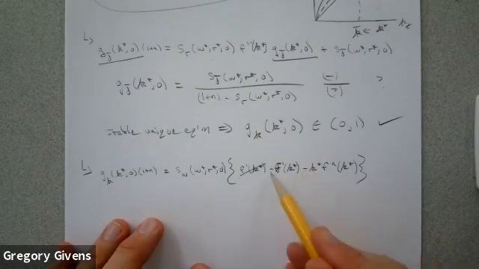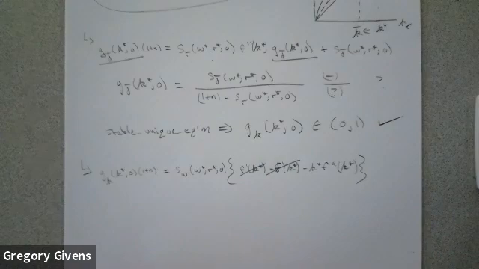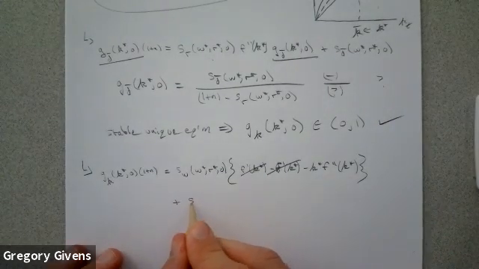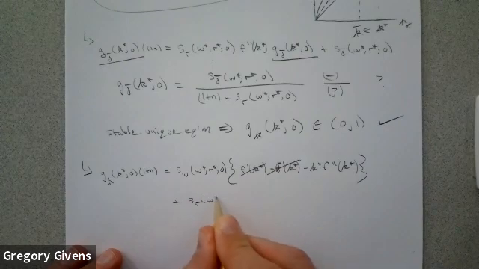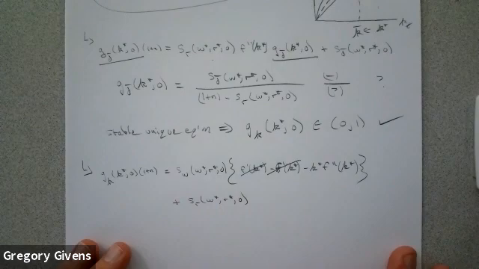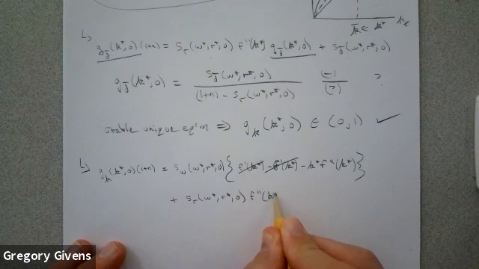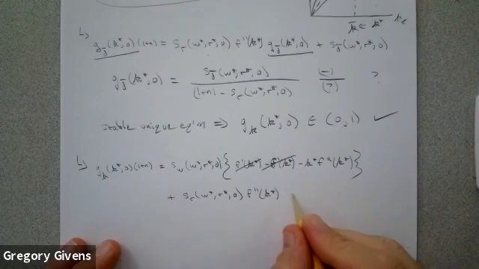These F primes are going to cancel there. Plus, let's see, S sub R, W star R star 0 times F double prime of K star. And since that's a KT plus 1 in that argument, it would be G sub K, K star 0.